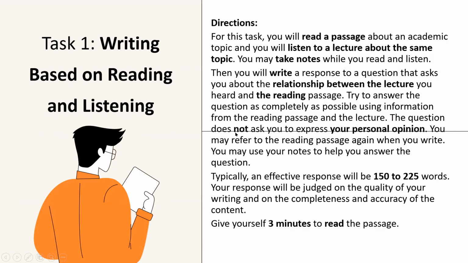The question does not ask you to express your personal opinion, so you need to remember that. The directions also provide an ideal length for your essay, which is 150 to 225 words. Before the 20 minutes starts, you will be given 3 minutes to read the passage before the listening starts. So let's do that.